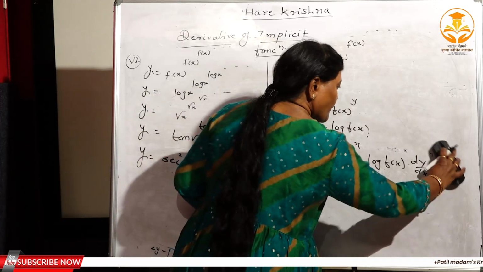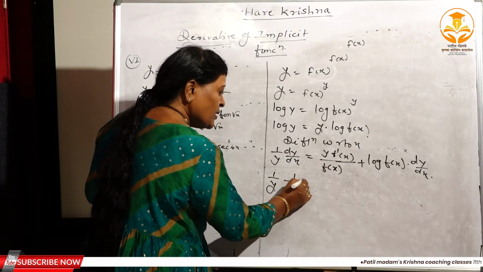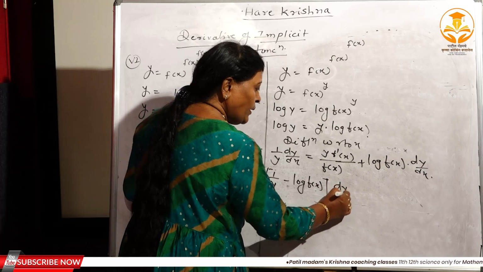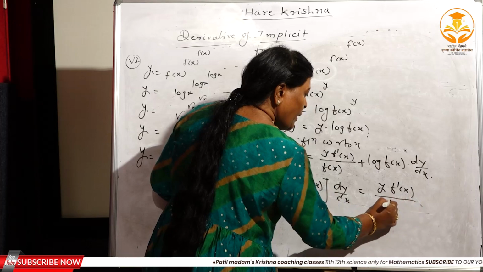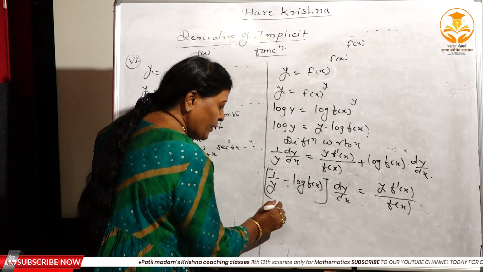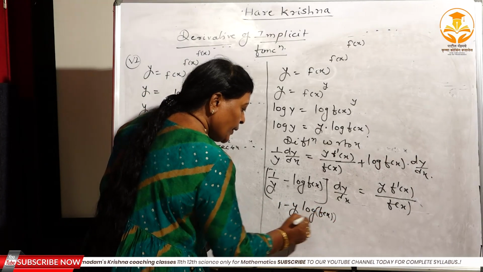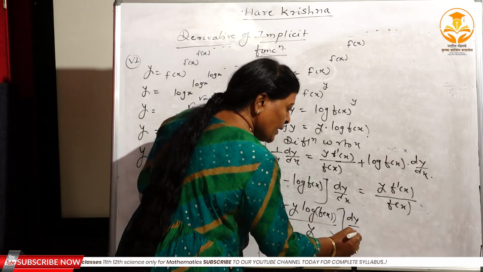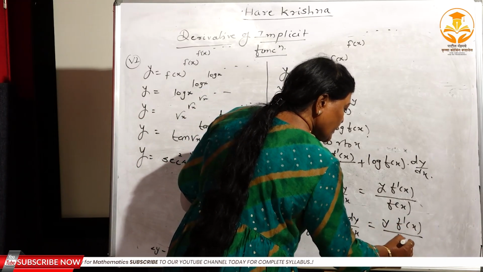Again collect the terms of dy by dx, right? So 1 by y, transfer this term, minus log of f of x into dy by dx, right? And here again y f dash x divided by f of x, right? Now what you have to do, cross multiply: 1 minus y log f of x divided by y into dy by dx is equal to y f dash x divided by f of x, right?